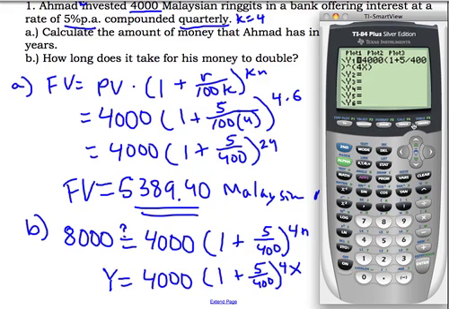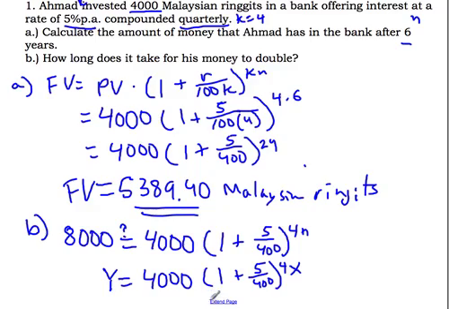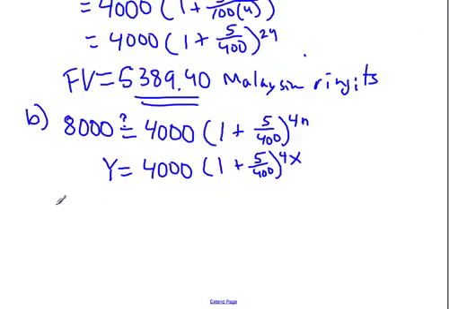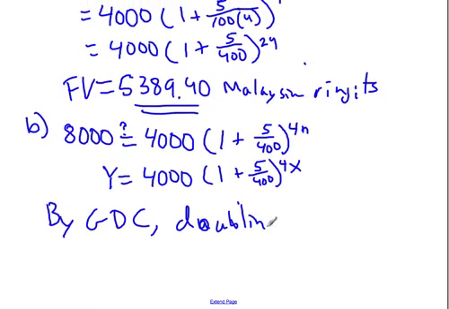And then second function graph. And there we have all the values, and we want to go down until we see 8,000. So after 14 years, the amount in the bank is about 8,000. So the doubling time is about 14 years. Okay, so maybe we can say by GDC, doubling time is 14 years.